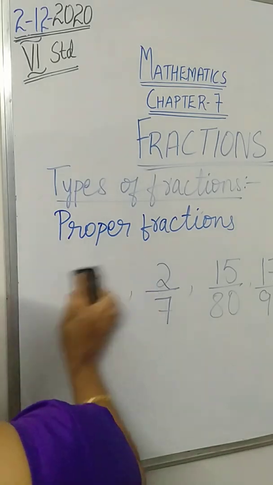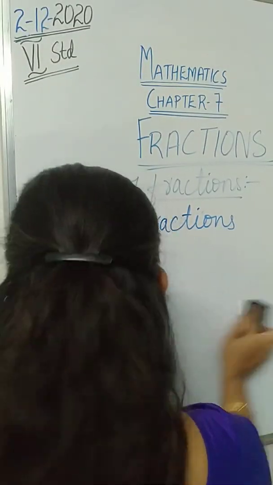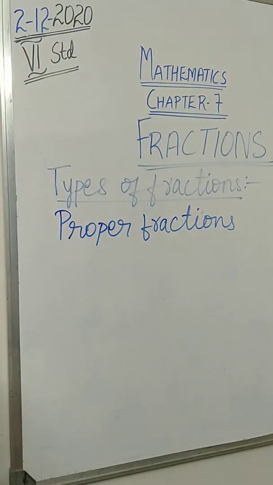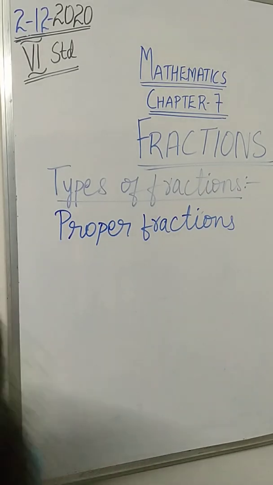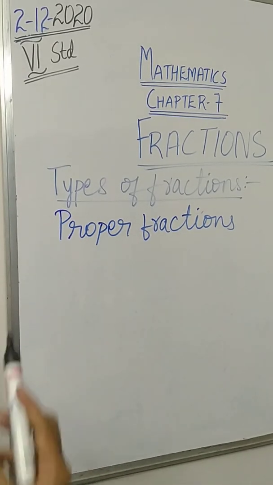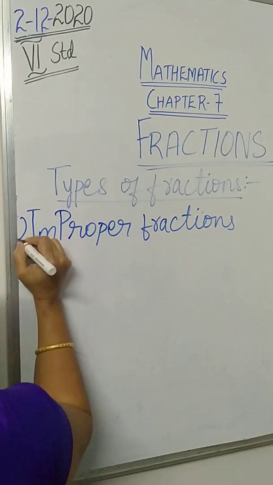The second type of fraction is the opposite of proper fraction. How we have learnt about proper fraction? Opposite of it is the next fraction, that is called improper fraction. It's called what? Improper fraction.